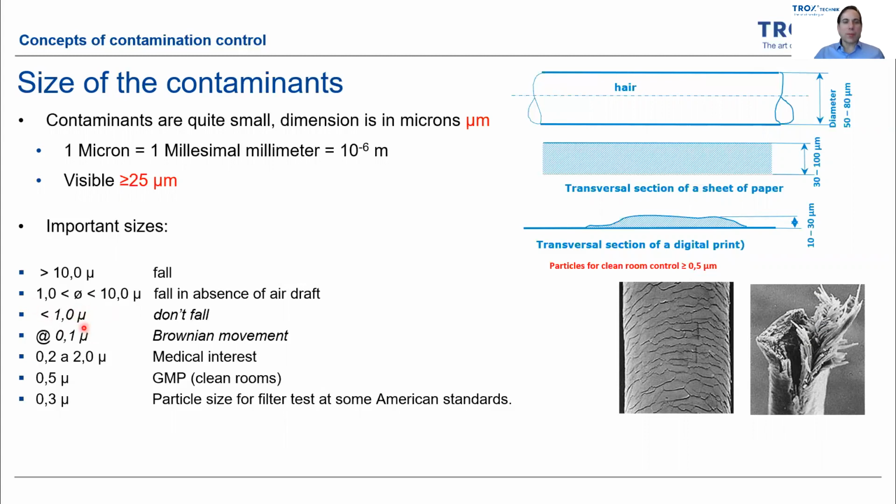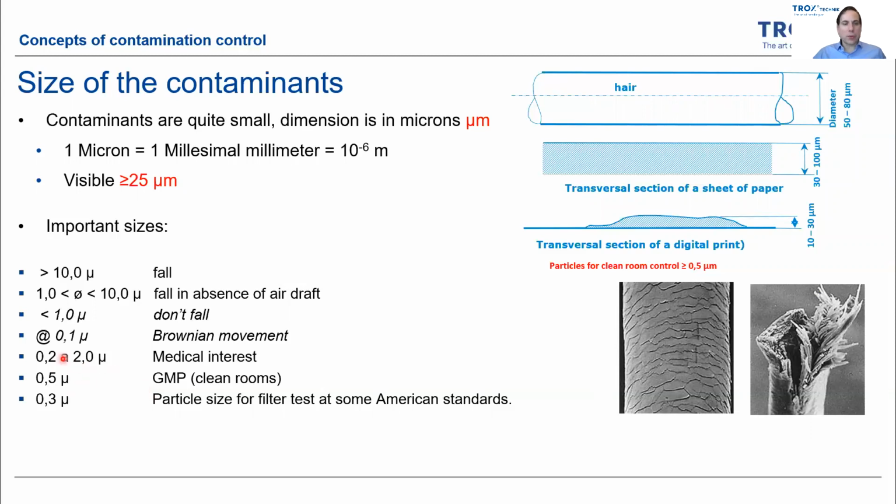The particles that are smaller than 1 micrometer don't fall at all. And the particles with 0.1 micrometer, that's really small, have a Brownian movement. That means they don't flow with the currents. They move randomly, and they make really odd and strange movements in the air.